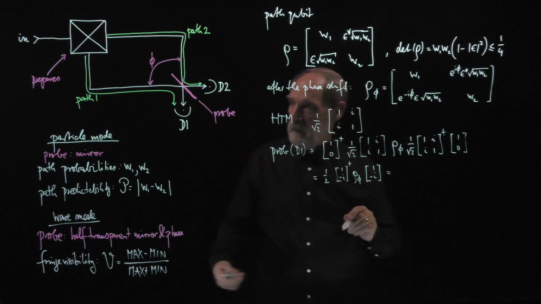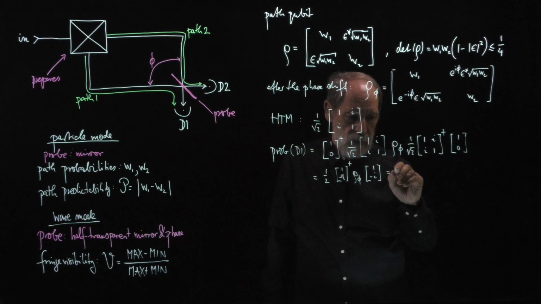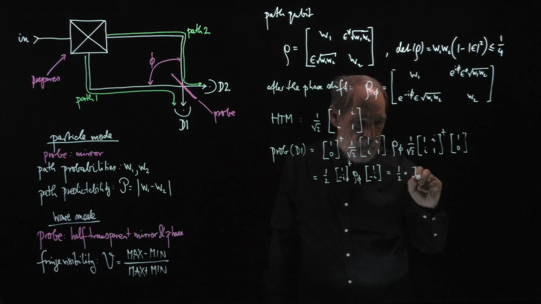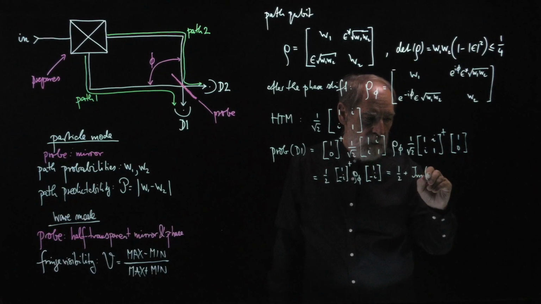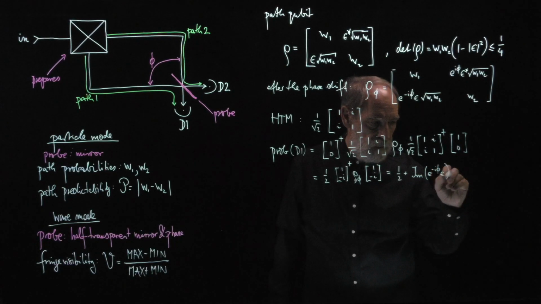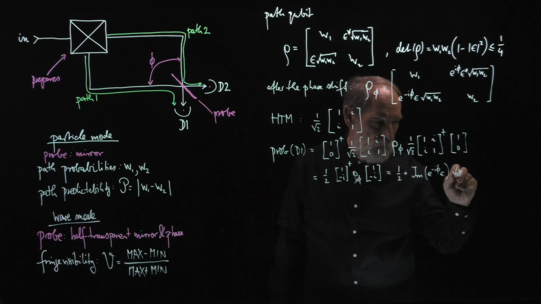And so we work this out, and what we find is a half plus the imaginary part of e to the minus i phi epsilon times the square root of W1, W2.